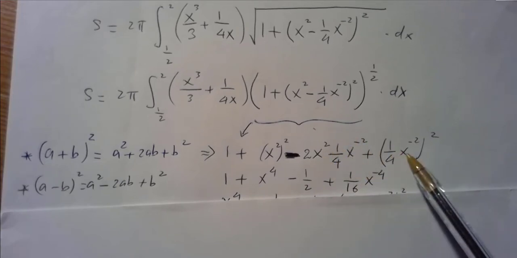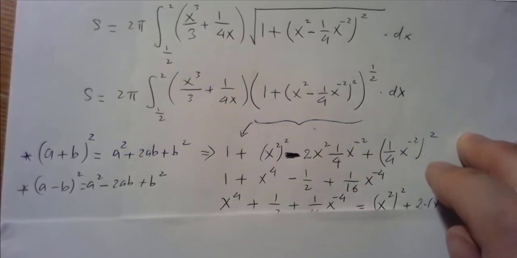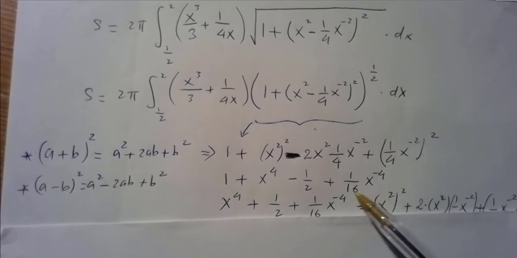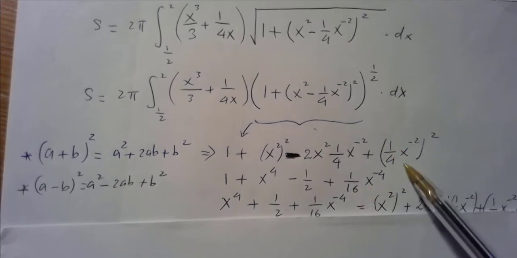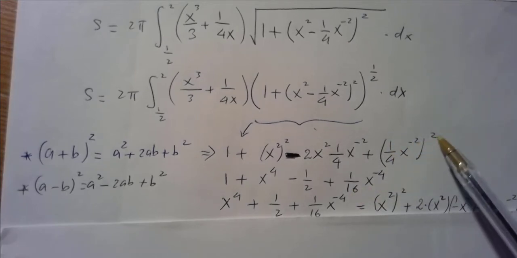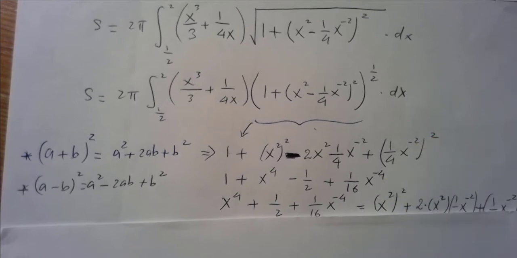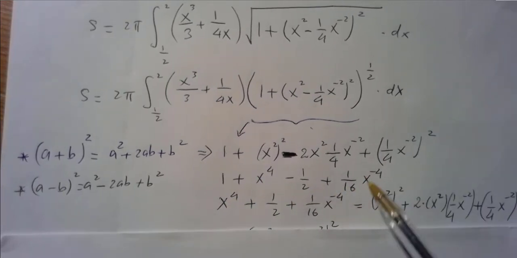And then 1/4 x to the minus 2, the whole quantity squared. 1/4 square gives me 1/16, and then x to the minus 2 square, 2 times minus 2 is minus 4. And now you can combine the like terms. 1 subtract 1/2 becomes plus 1/2, x to the 4th power is right here. And then 1/16 x to the minus 4, this is the same thing.